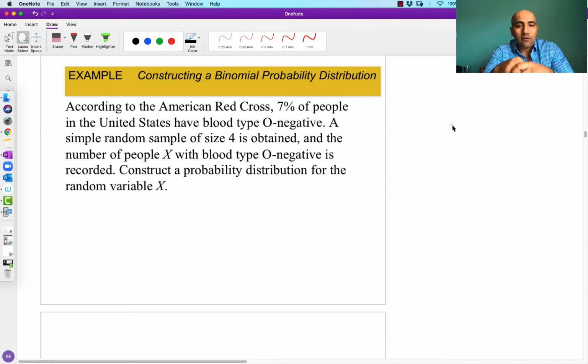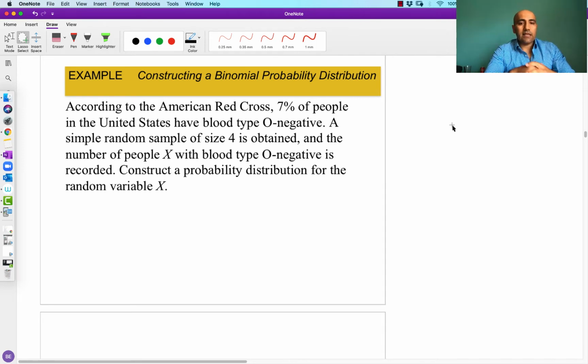So if we pull out 4 randomly selected people from that population, the probability of picking a person that is O negative is approximately constant, about 7%. Right? So it does satisfy all 4 conditions. This is a situation that satisfies a binomial random variable.